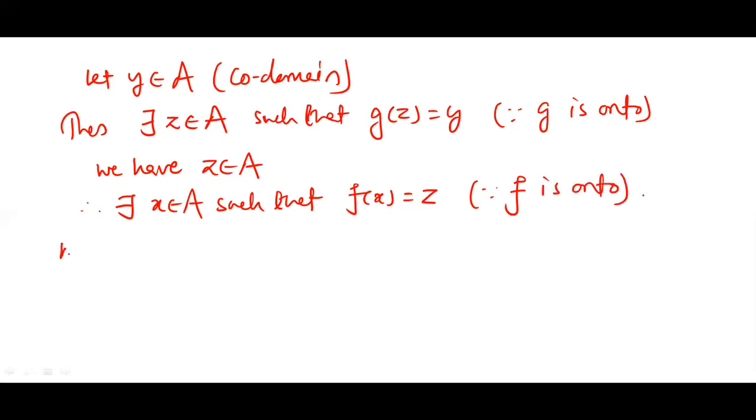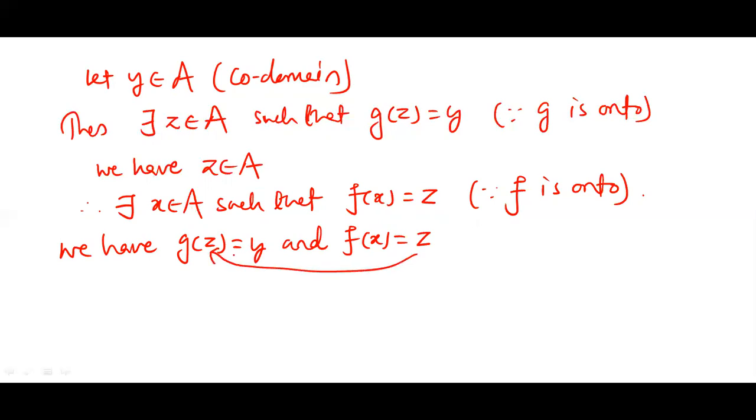Means we have g of z is equal to y and f of x is equal to z. Therefore, by putting the value of z here, we will get g of f of x is equal to y. And by definition of composition of function, we can write g naught f of x is equal to y.